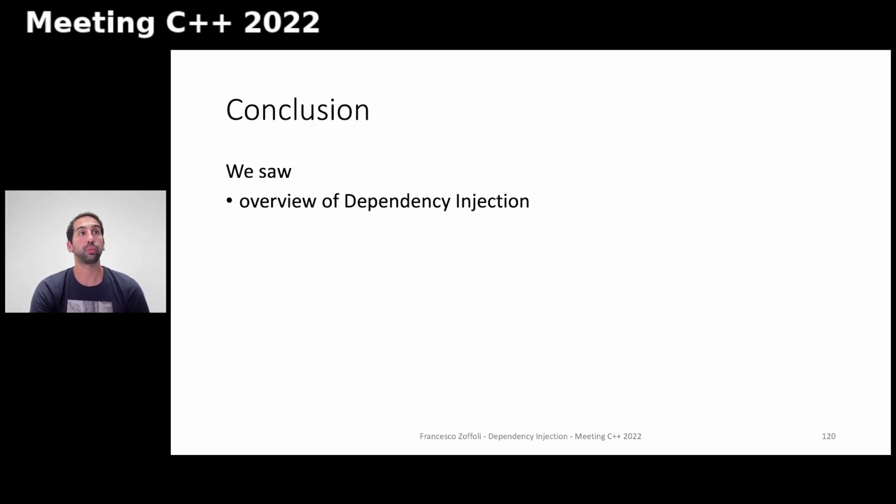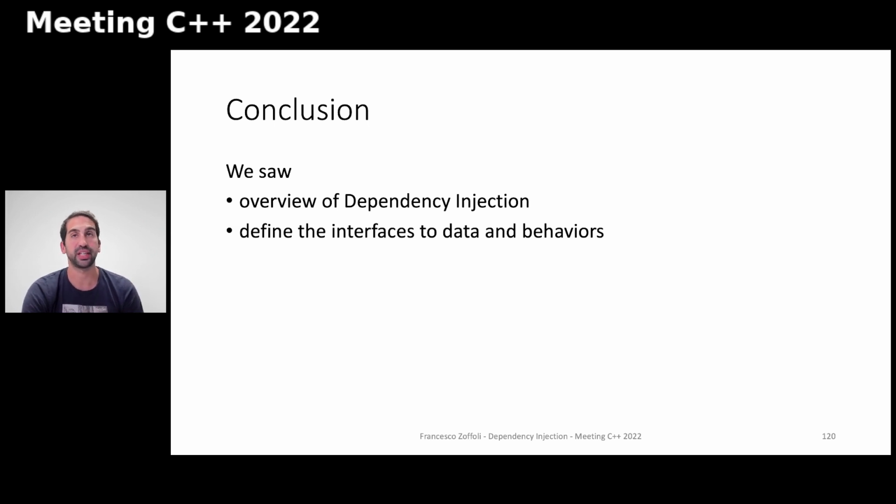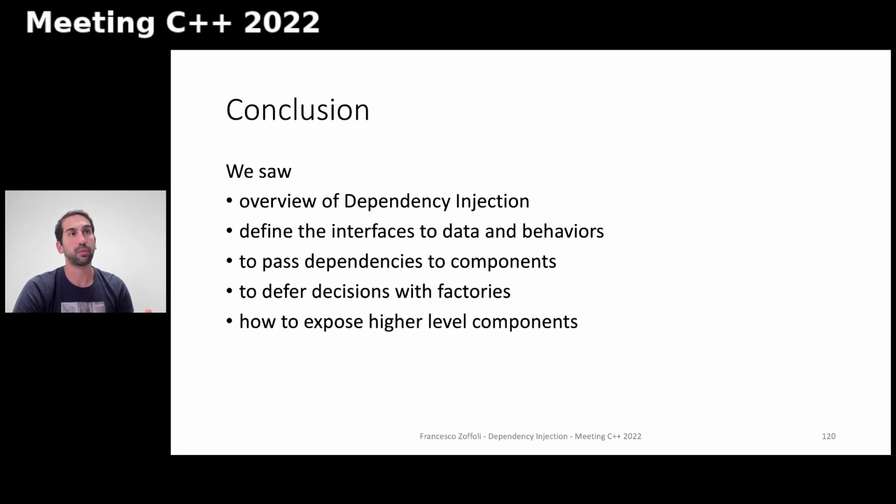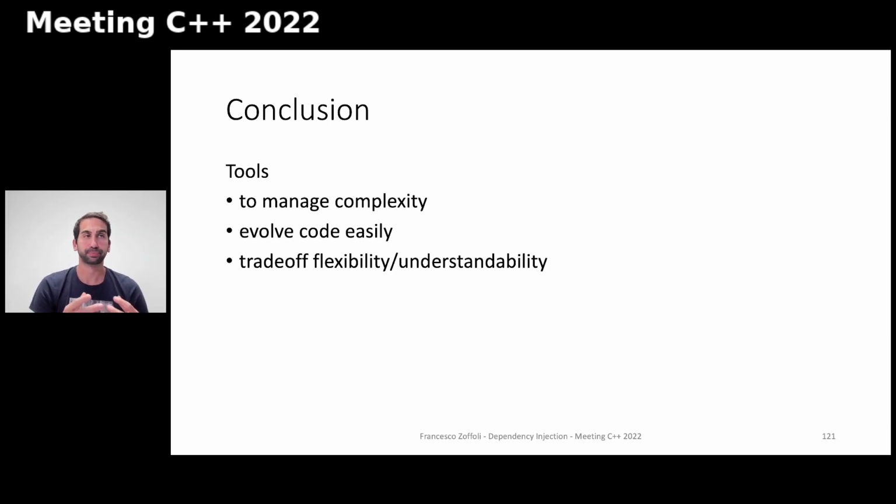So in conclusion, we saw an overview of what dependency injection is, how to define the interfaces for data and behavior, how to pass the dependencies between components, and how to defer decisions with factories. Finally, we also saw how to expose higher level components. And what I want to say is these are all tools.